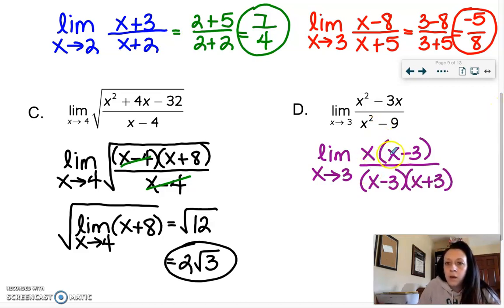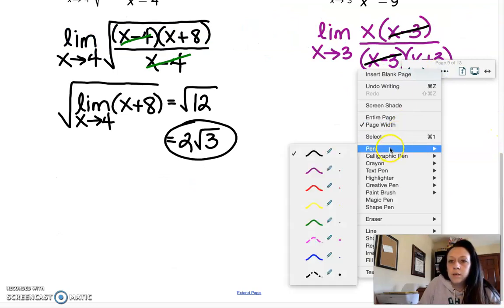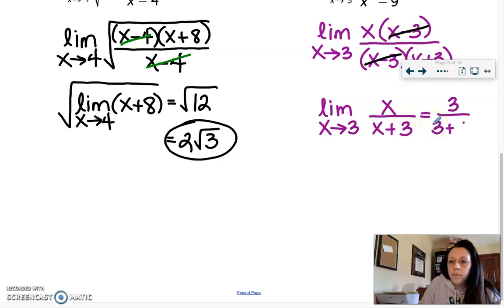And then cancel, cancel. So you've got the limit as x approaches 3 of x over x plus 3. And now you can do your plug and chug, which gives you 3 over 6. So 1/2 would be your limit.